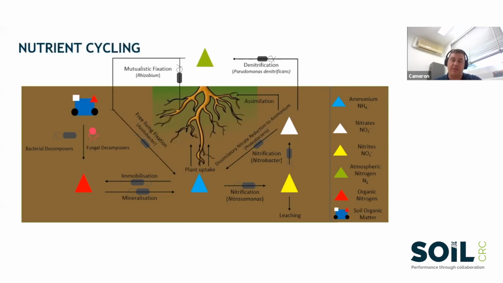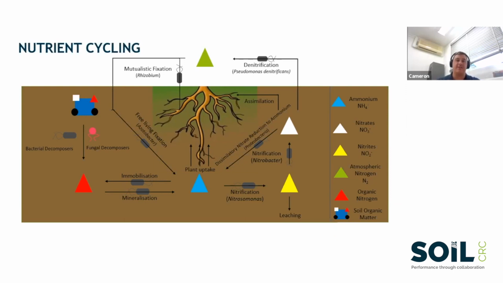There's a free living fixation, which is called Azotobacter. Azotobacter, rather than fixating it directly into the roots, converts the atmospheric nitrogen and turns it into ammonium in the bulk soil, and then the roots take it up. So it's just an added step.